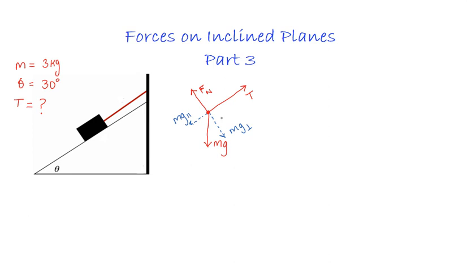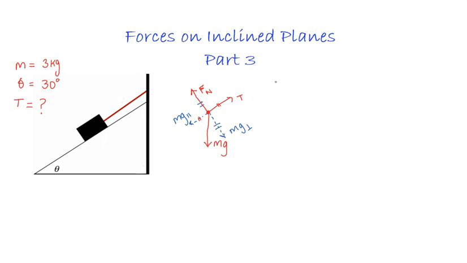Now, if all of this stuff's at rest, then opposite vectors should balance out. So we know that this vector and this vector should be the same, and you can see I've drawn my tension a little bit too long for this situation, and so the tension and the mg parallel should be the same.